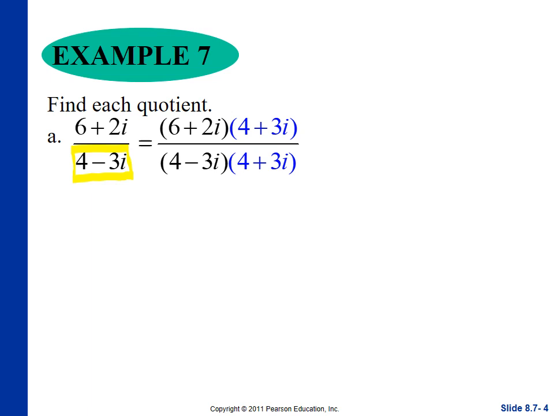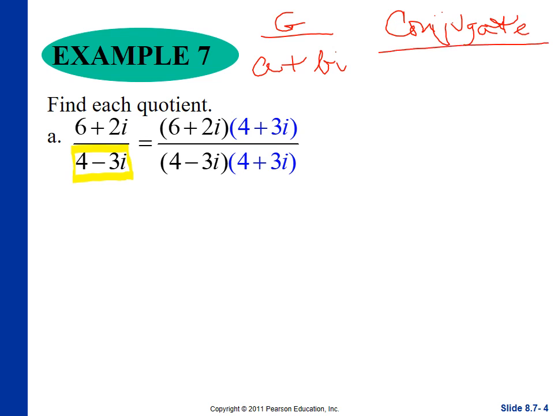If you remember, if the given is a plus bi, then the conjugate is a minus bi. Okay? So it's always going to be the opposite sign of what you're given.